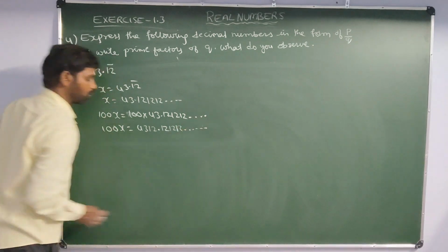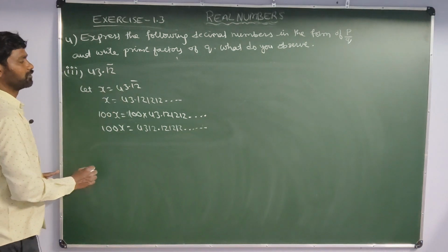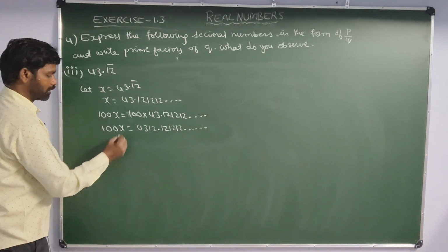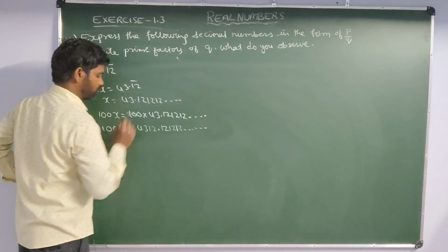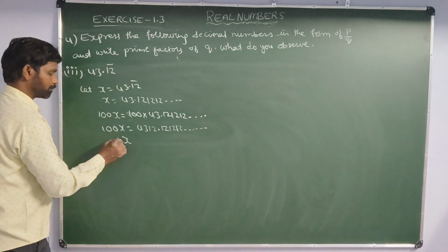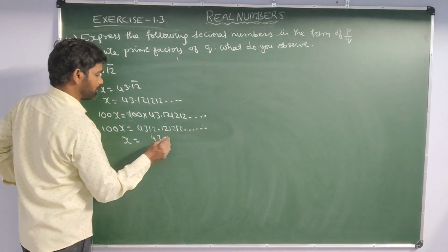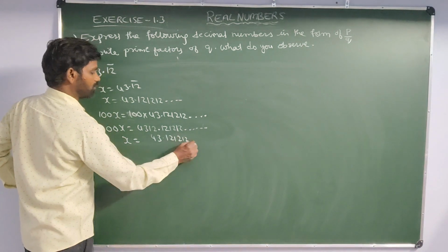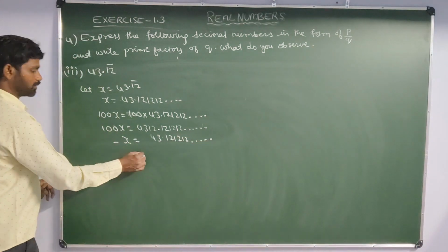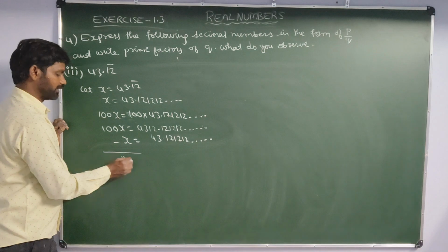So 100x is equal to 4312.121212 and so on. Now from 100x you subtract this x. So 100x is equal to 4312.121212 and so on, and we are subtracting x is equal to 43.121212 and so on. Subtract it. 100 minus 1x is 99x.